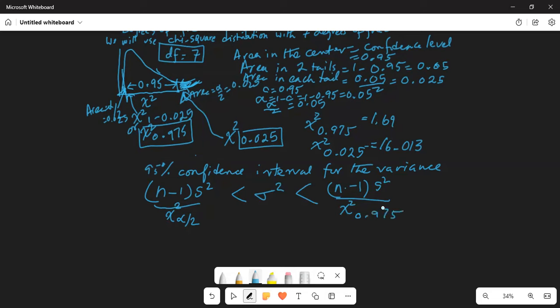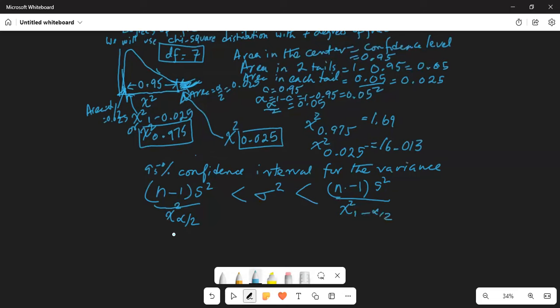Or let me write it in chi-square terms: chi-square 1 minus alpha by 2.